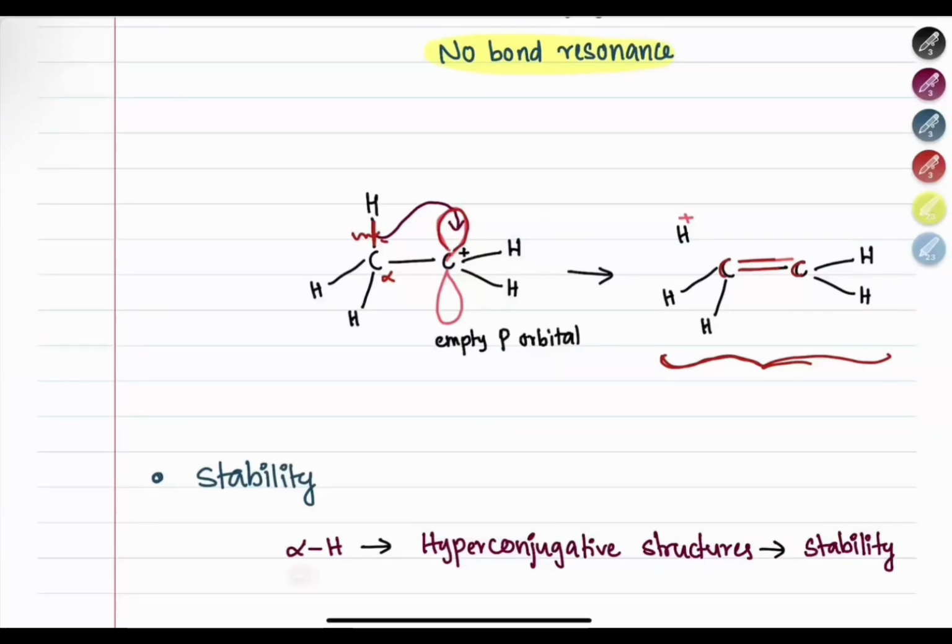In that case, there is a possibility of hyperconjugation. The higher the number of alpha hydrogens, the higher will be the hyperconjugative structures and the higher will be the stability of the molecule. So if the number of alpha hydrogens is increasing, the stability of our molecule will also increase. This we'll see in case of both alkene and carbocation, because in these two cases, hyperconjugation is possible.